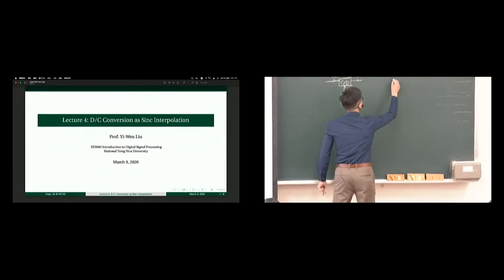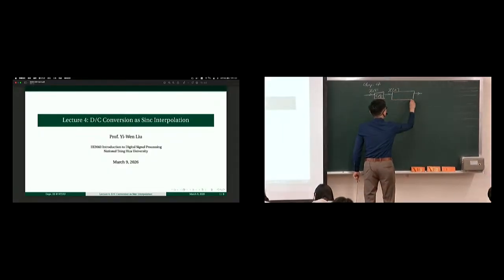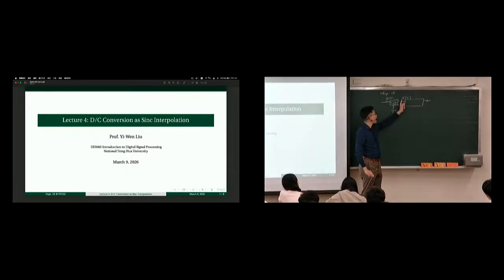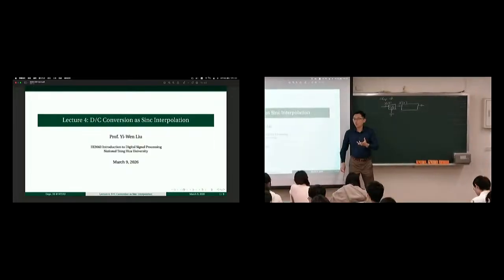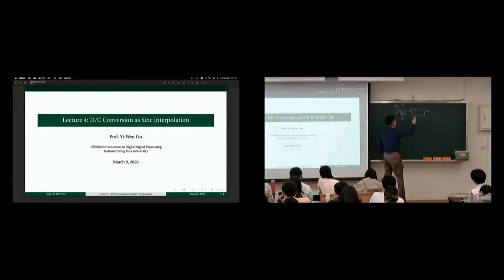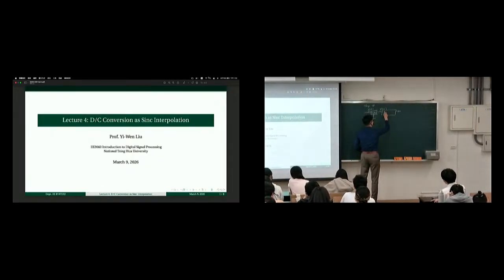And from there, we can do the opposite. But in between, the course is all about what's happening in between. So once x[n] becomes digital, we can start doing some computation, right?